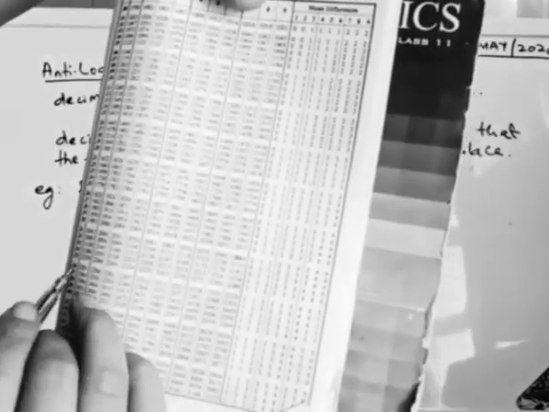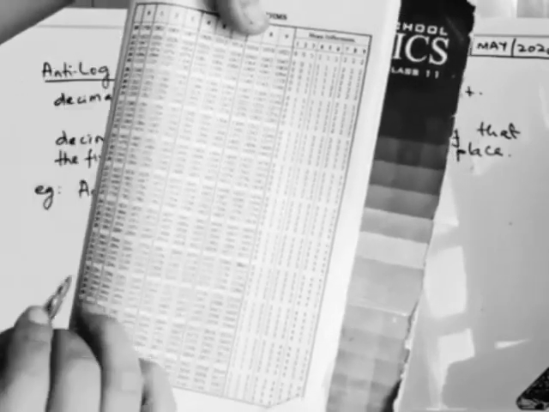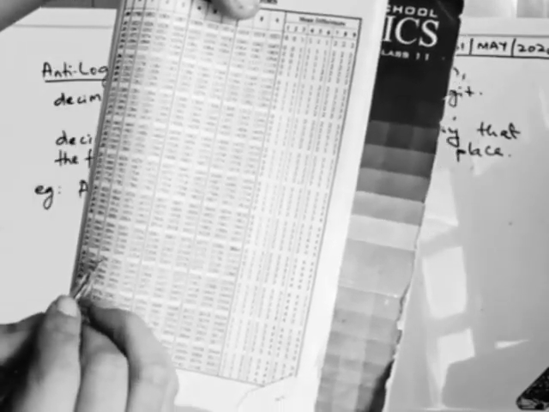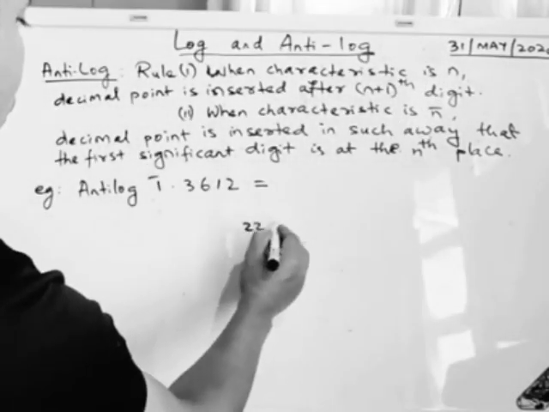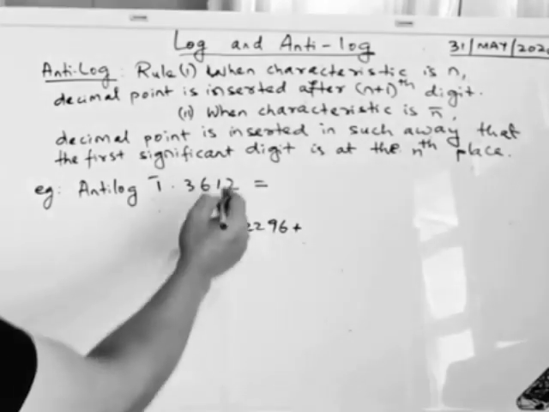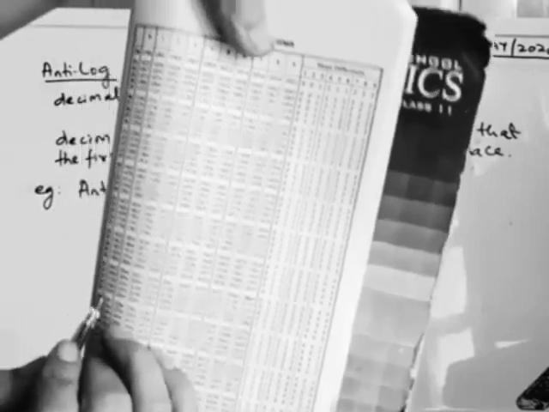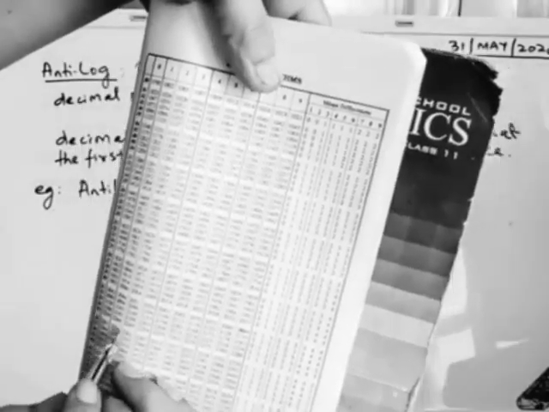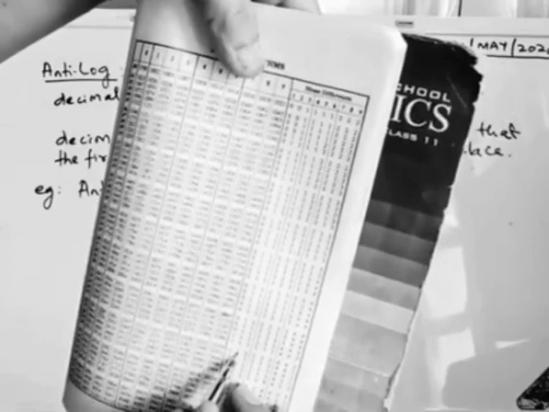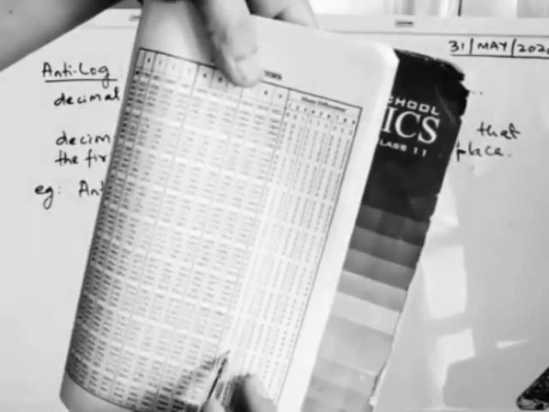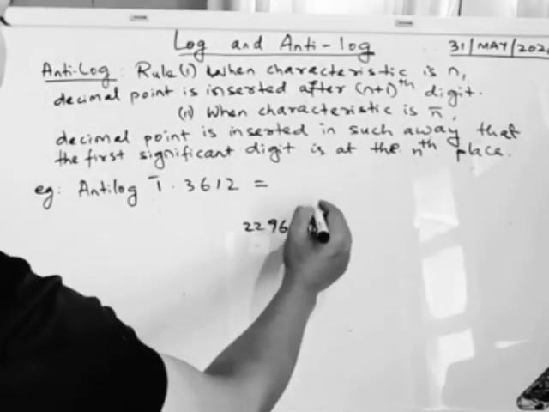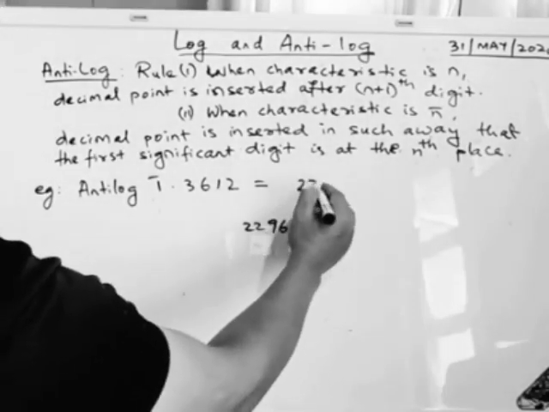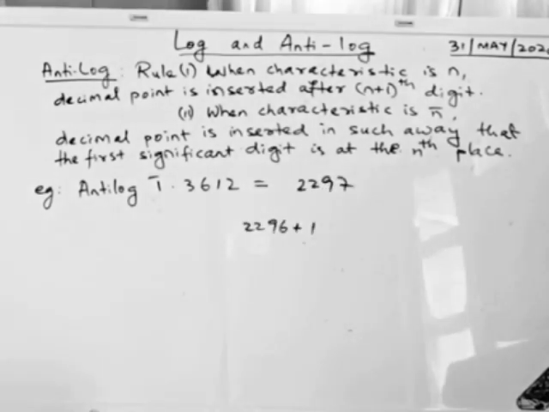Here 0.36 is here, and where is 1? 0.361 is 2296. Then the mean difference for 2 is 1. That means 2296 plus 1, which is 2297.